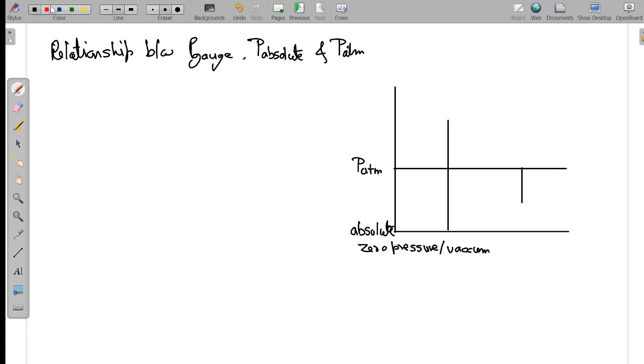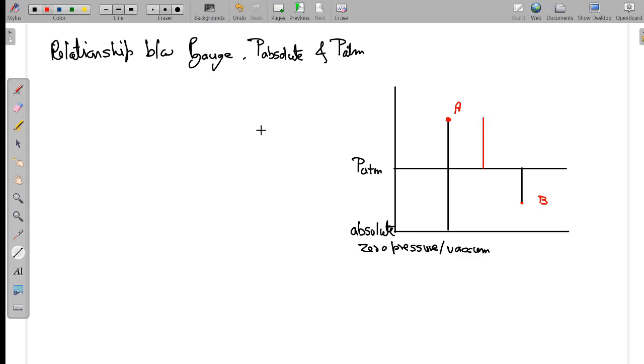So let us consider that we have to find out, this is a point PA, and here another point PB. Let me draw one more line.